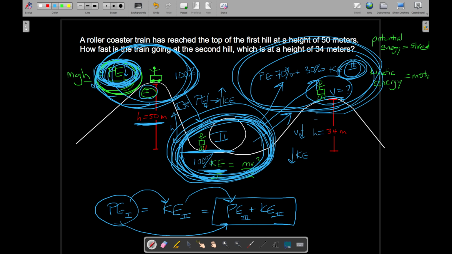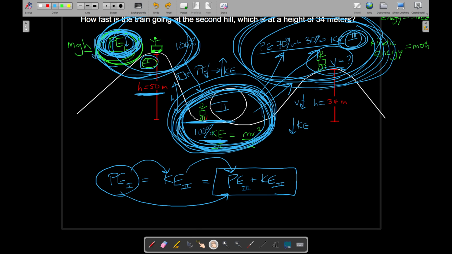And if you're up here in the third situation where you have a combination of both the height and it's also moving over the hill, then you have literally a combination of both, as signified here. Then you can just say that all three situations are equal to each other. That's how to work out the concept and the math behind the conservation of energy.